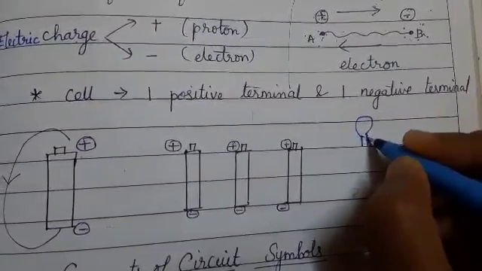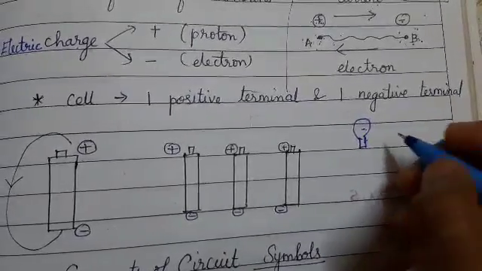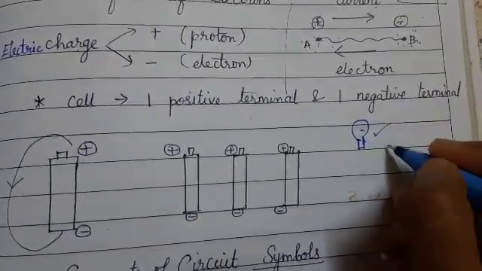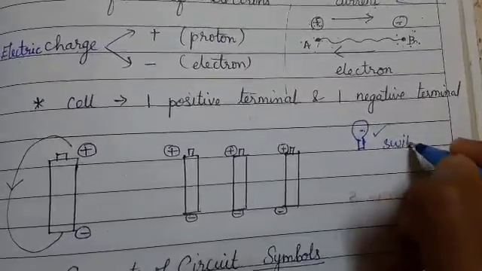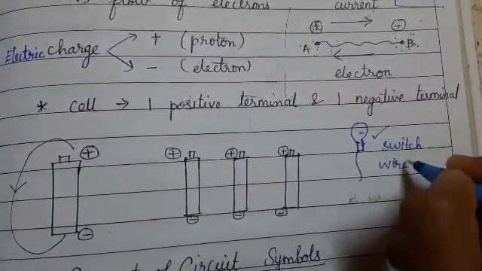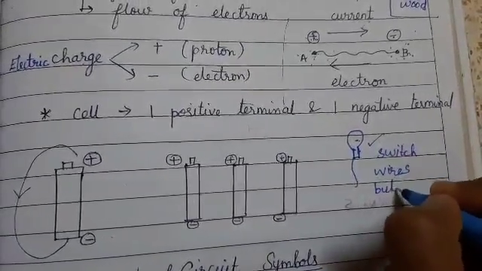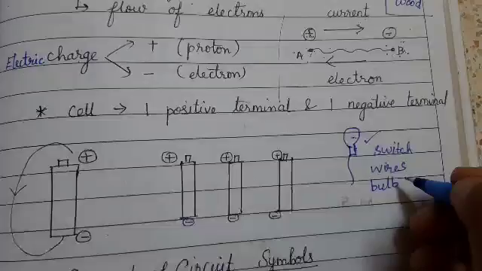You want this bulb to glow. So what all do you need? You need a switch, you need wires for connections, isn't it? And you need the bulb, which is the main important one. And what else do you need?